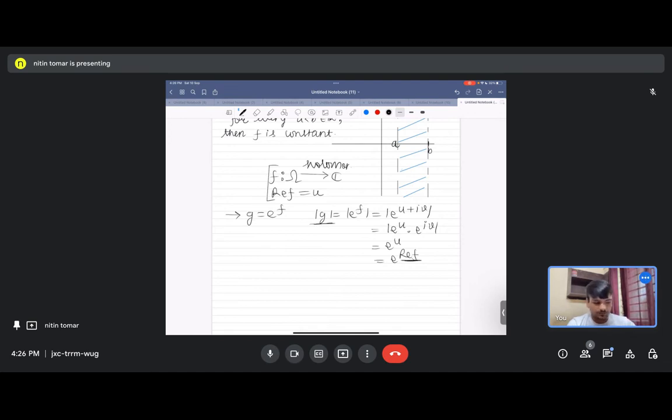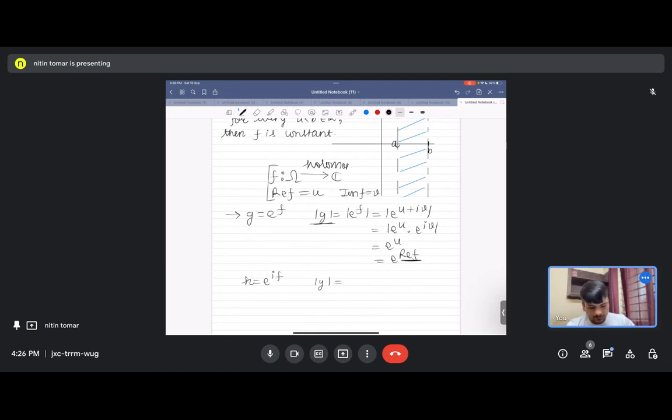And similarly, if some information is given about the imaginary part, then you consider the function h equal to e power i f.